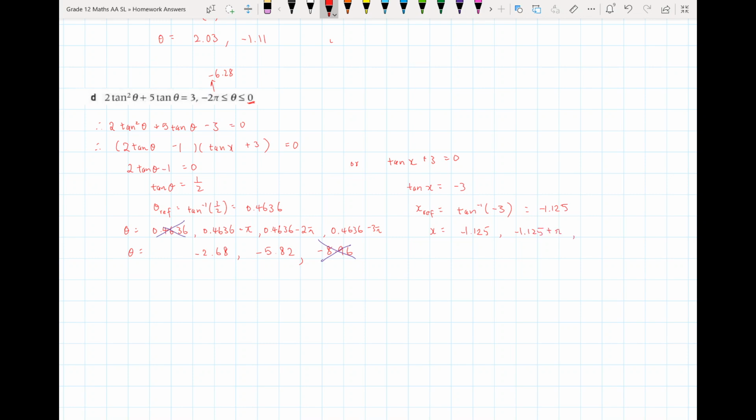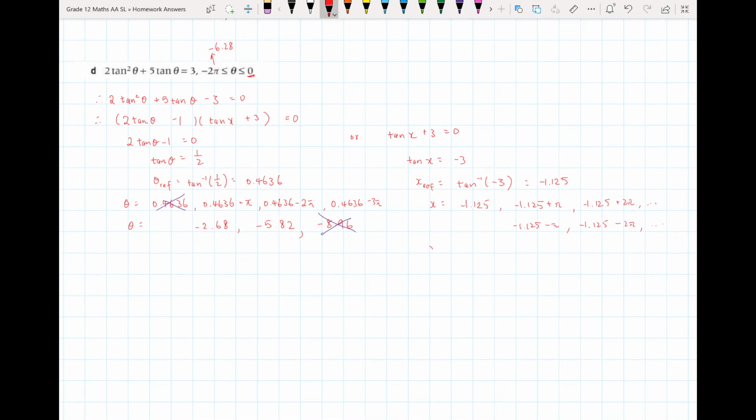I can add pi, I can add 2 pi, etc. But I can also go minus pi, minus 2 pi, and so forth. And then you'll see that from within these answers, the first one works. I can't add a pi because that will be bigger than 0. So therefore, these two won't work, I know.